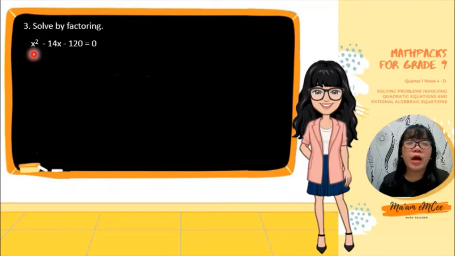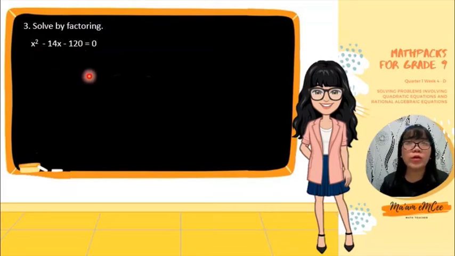Now, factors of our x squared will be x and x. So for each factor, our first term will be x. Now, we need to think of the second term of our factors. Our product here is negative 120. Our sum is negative 14.